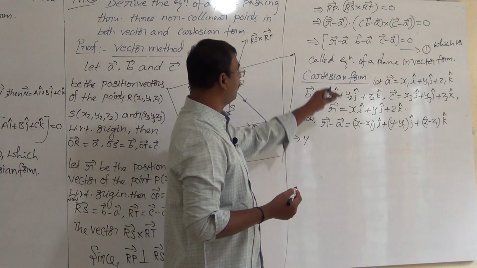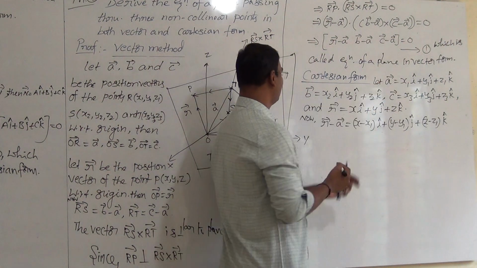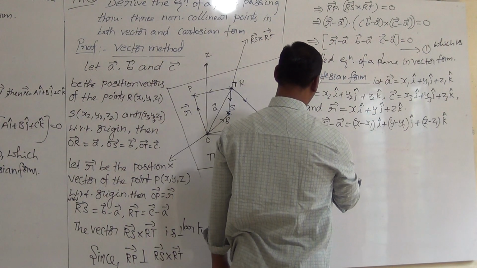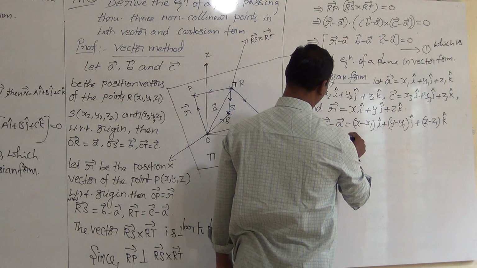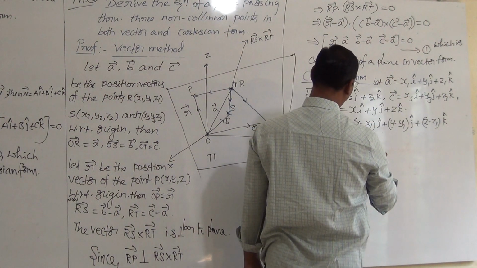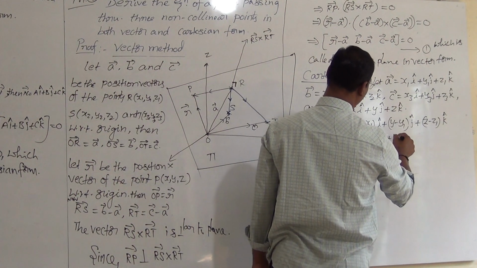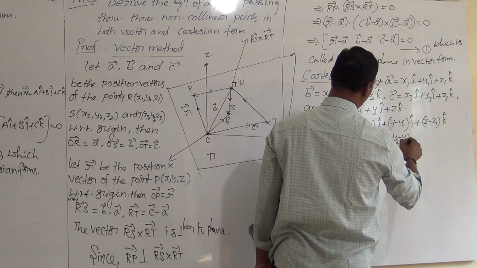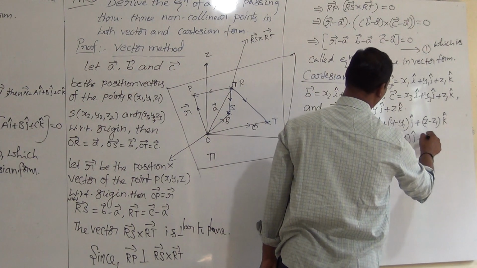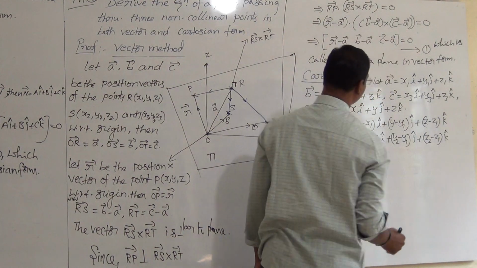Next we need B bar minus A bar, that is x2 minus x1 into i cap plus y2 minus y1 into j cap plus z2 minus z1 into k cap.